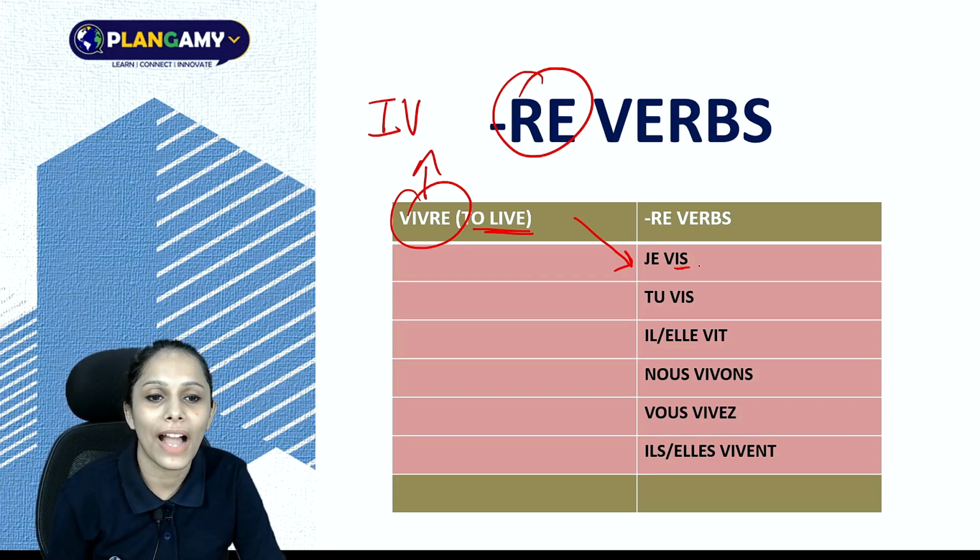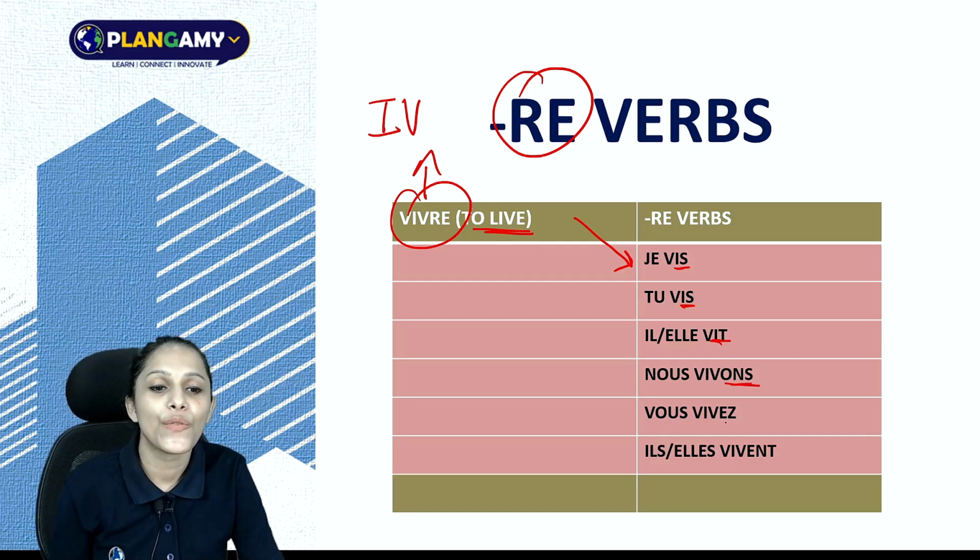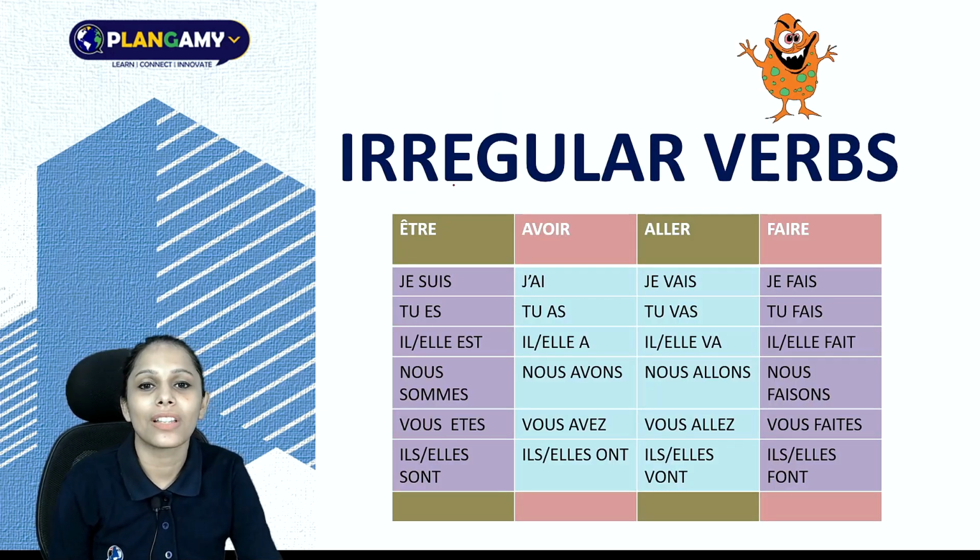Je vis, tu vis, il vit, he lives or she lives. Nous vivons. Vous vivez. Ils vivent. So, I live, you live, he lives, she lives, we are living, you are living, they are living.